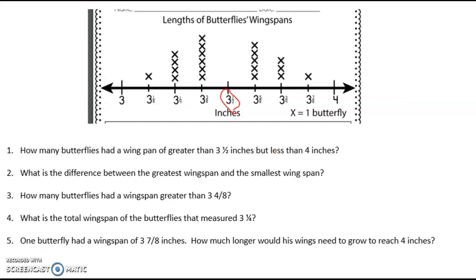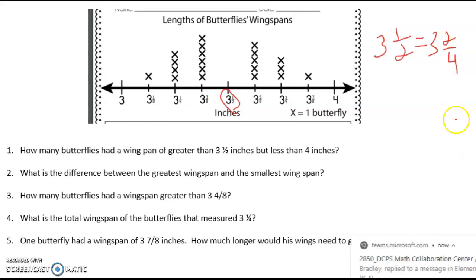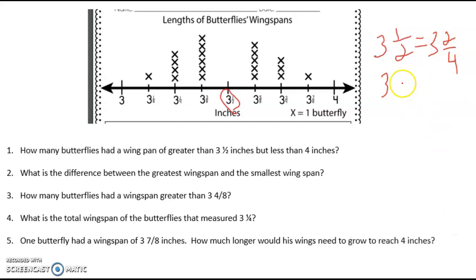Because halves can be equivalent to 4ths and 8ths. So for example, they wrote 3 1/2, but they could have also written 3 2/4. If they wanted to use 8ths, what fraction or what mixed number would be equivalent using 8ths?